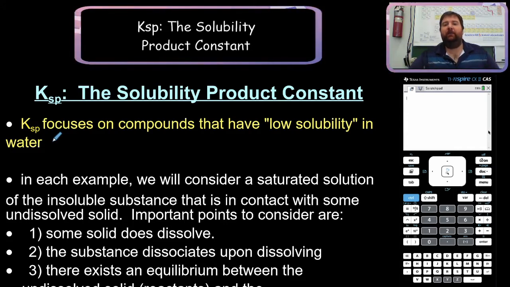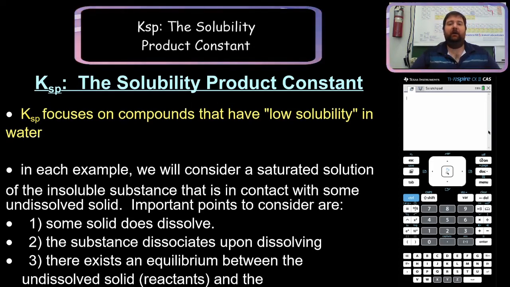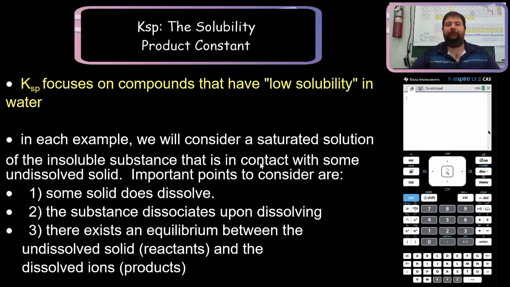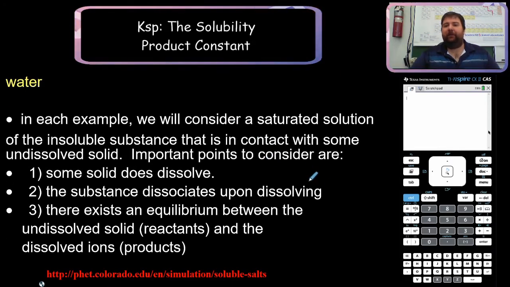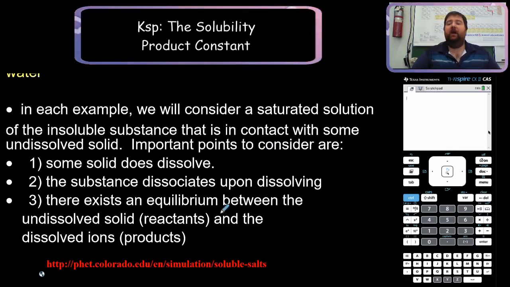Low solubility compounds that you've been finding in previous units already are what we're going to be focusing on here. So, in every example that we do, we're going to consider a saturated solution of the insoluble substance that's in contact with some undissolved solid.